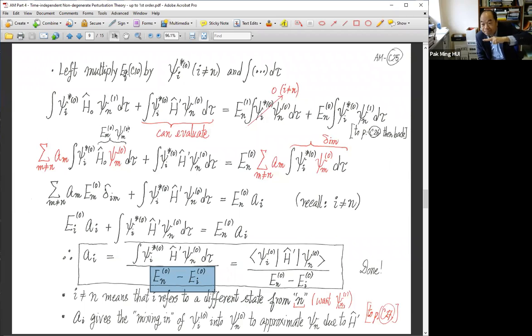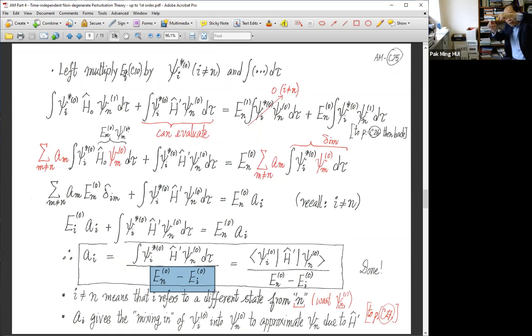Is that okay? Yeah, okay. Now here's the punchline. Now follow me closely. H0 will have infinitely many eigenstates, okay? With energy like this, okay? Now, you pick one called n and ask, how will H prime, the perturbation, affect you? Okay? Now, first order in the state means the following.